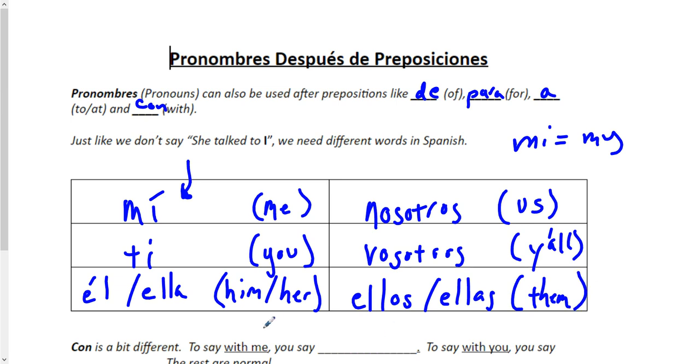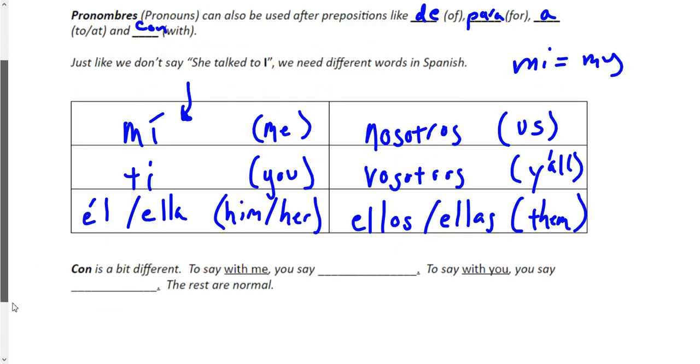Okay? So the key with this grammar point is understanding in English there might be more different words. In Spanish, the only two you really have to change from what you've been used to is instead of yo, you're going to use mí. Instead of tú, you're going to use ti. If it is in that position after a preposition, if it's in that object position after the verb. Okay? Now, there's one other thing.